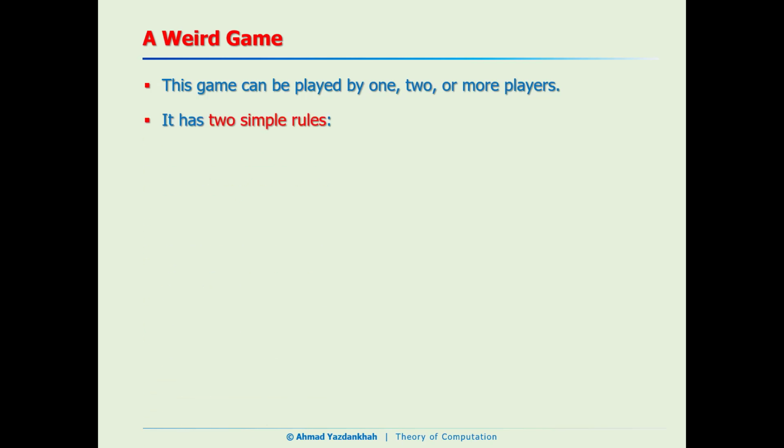Okay, we start from this weird game. This game can be played by one, two, or more players. It has two simple rules. The first rule is you need to move if you see a still person, and you need to stop if you see a moving person.